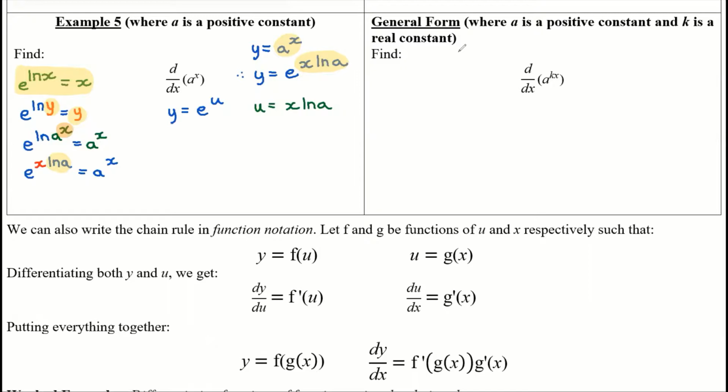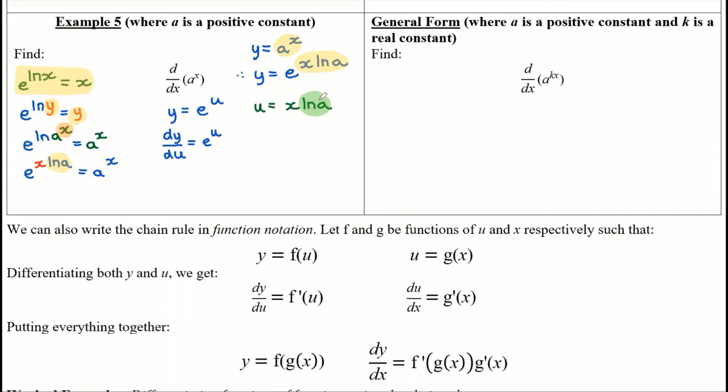Okay, so dy by du is just going to be e to the u. There is no change there. And this is where we've got to be careful. In this right-hand equation, we have got log a multiplying x. And I've just said that natural log of a is just a number, okay, like 2 or 3.